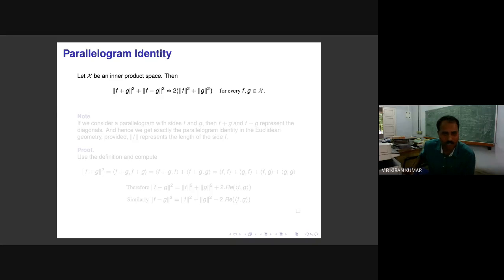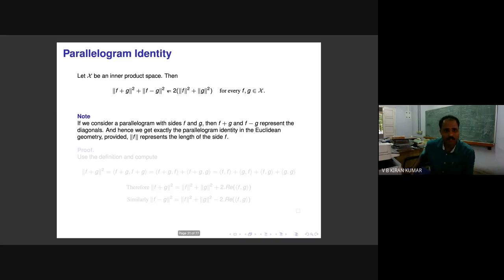Why do we call it a parallelogram identity? Because suppose you consider a parallelogram with one side f and one side g. Then one diagonal will be f plus g and the other diagonal will be f minus g. That is from the usual law of vector addition. So the diagonals of the parallelogram with sides f and g are f plus g and f minus g.